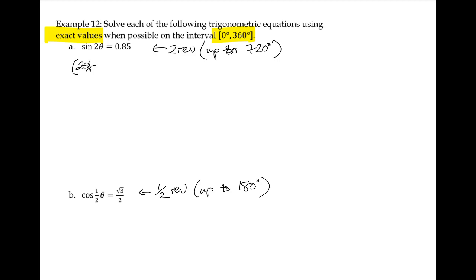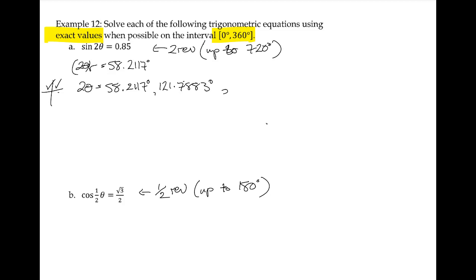So again, if I'm doing this as a reference angle, I would use my calculator, make sure it's in degrees, and I'd get a value. So it would be 58.2117 degrees. And from there, I would say that, okay, well then 2 theta would have to be, again, considering sine as positive in 1 and 2, 58.2117, and then 180 minus that, 121.783.